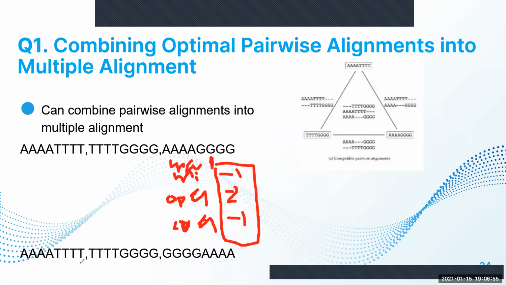Try to do the pairwise alignment, then check whether you can combine those and whether they are consistent throughout these pairwise alignments. So the values are 1 for a match, -1 for a mismatch, -1 for continuing, -2 for opening. Did you guys do some examples in the previous lectures on pairwise alignments?